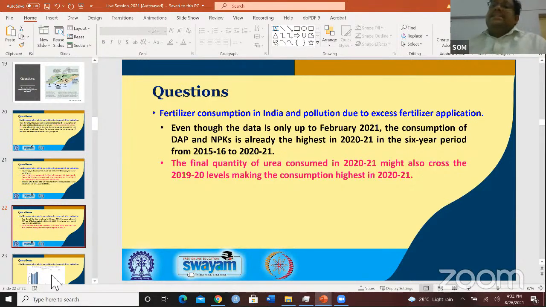There is a steep increase in consumption of these fertilizers over the last 6 years. The final quantity of urea consumed in 2020-21 might also cross the 2019-20 levels, making the consumption highest in 2020-21. So it is continuously growing.